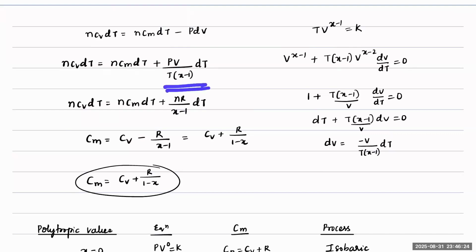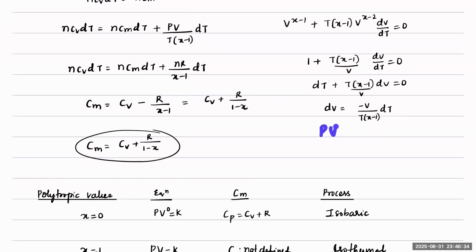Okay. So this minus and this minus will make it a plus sign here. Okay. And now, as per ideal gas law, PV is equal to nRT. So PV by T can also be written as nR. And you can see this is PV by T. So that PV by T can be written as nR.